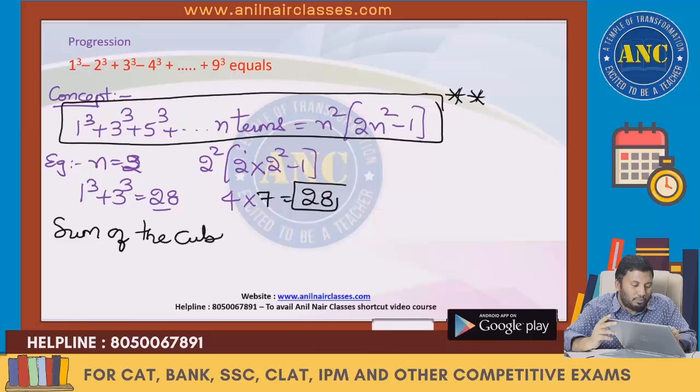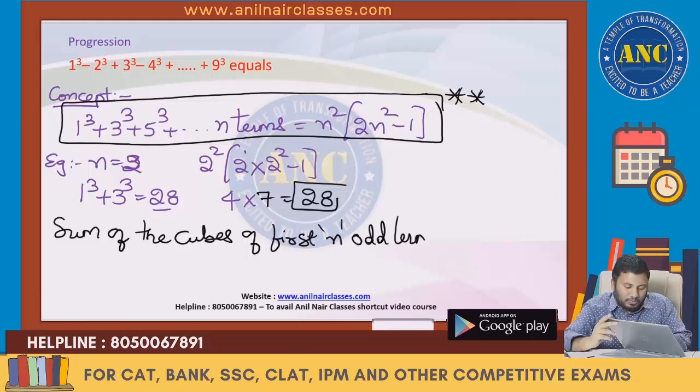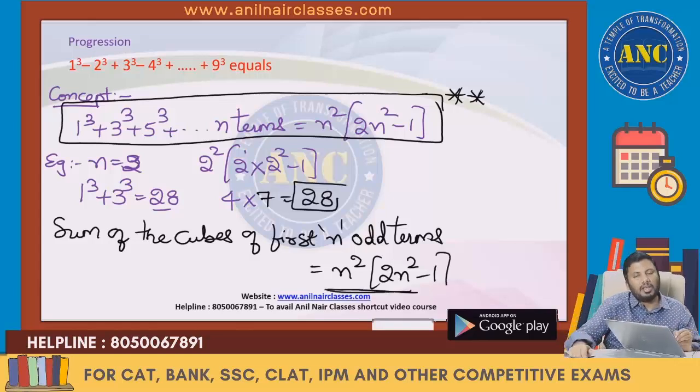The sum of the cubes of the first n odd terms is n²(2n² − 1). I hope it is clear.